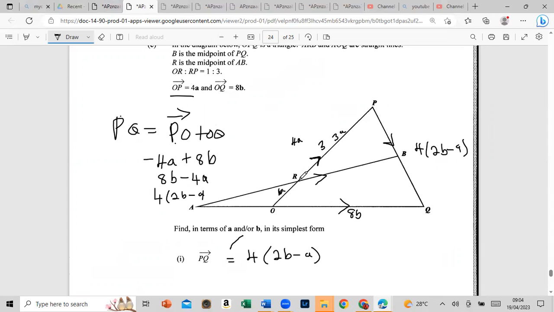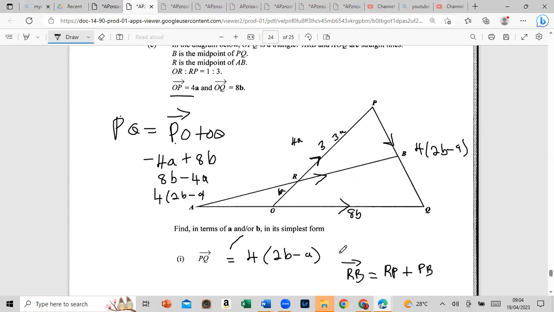RB would be equal to RP plus PB. Remember, it's a vector RB. I'm gonna take this route from here to here. So that's RP plus PB.